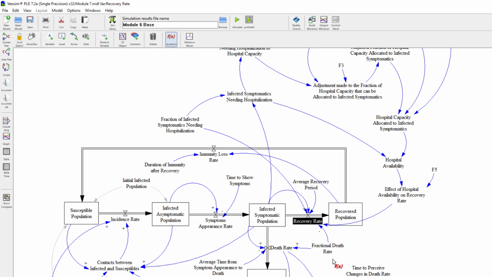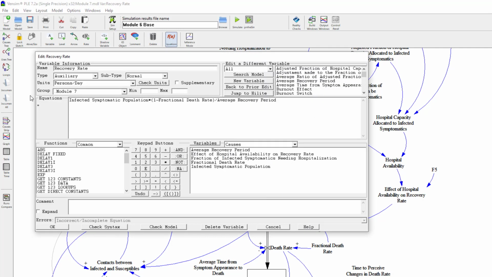And then the fractional death rate determines how many people go this route and how many people go that route, right? So out of people who go this route, now we have to figure out who needs hospitalization and who doesn't.